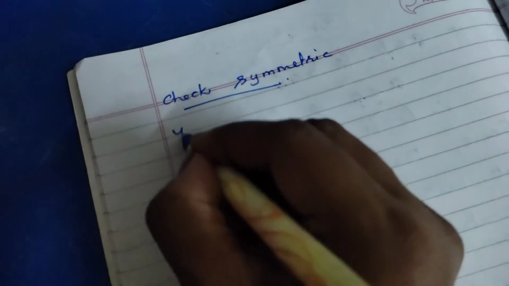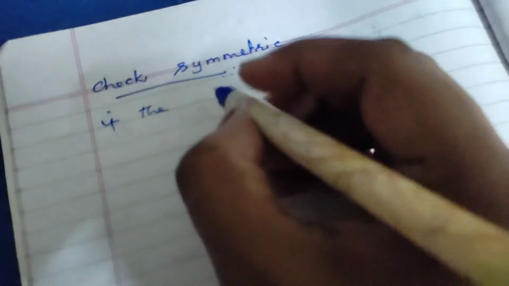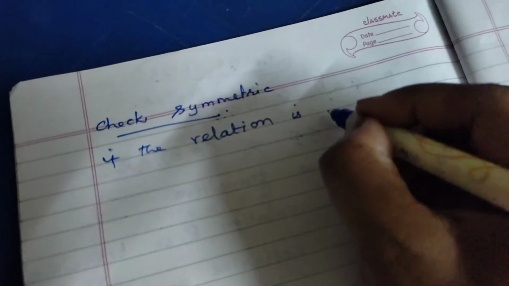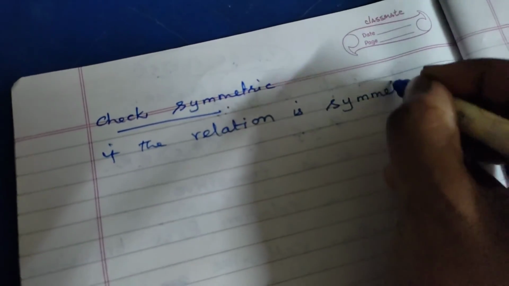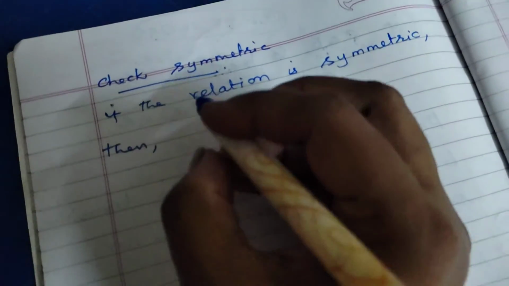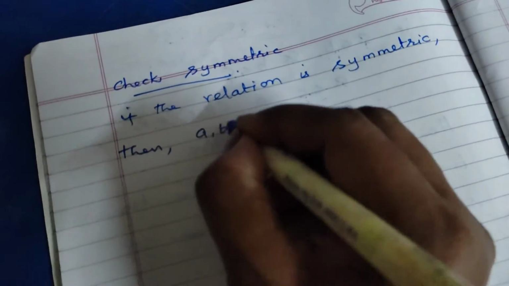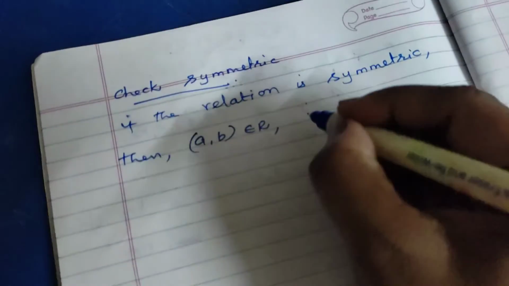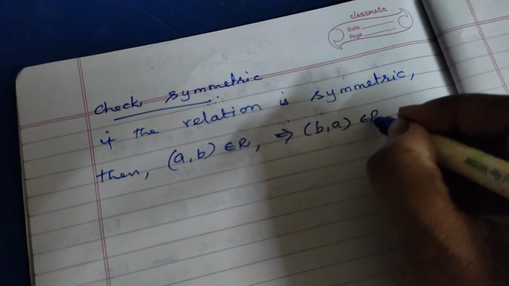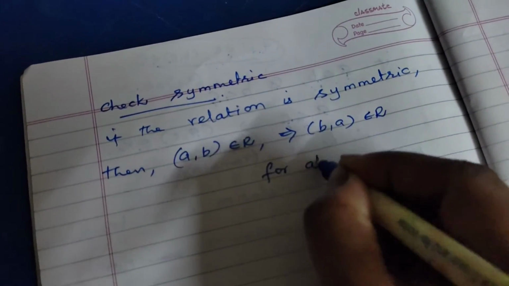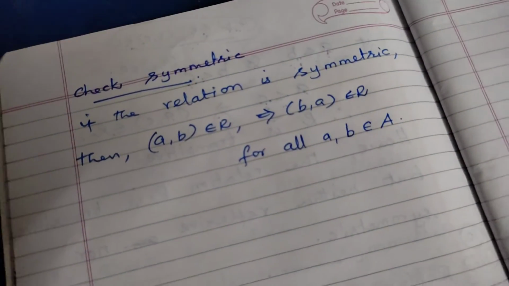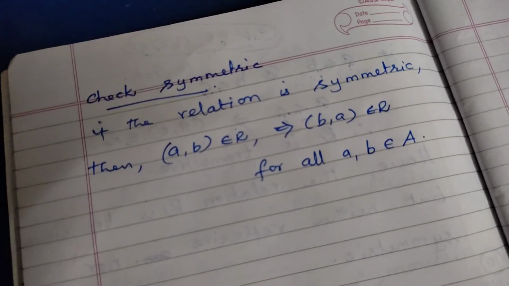If the relation is symmetric, then we have the symmetric condition: (A, B) belongs to R implies (B, A) belongs to R, for all A, B belonging to the given set A. This is the symmetric condition.